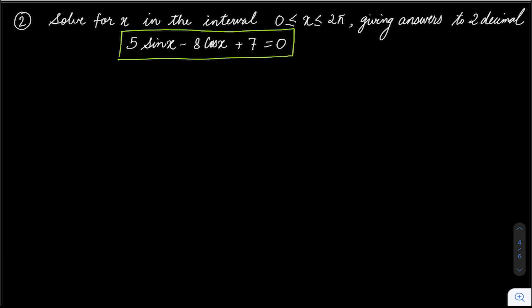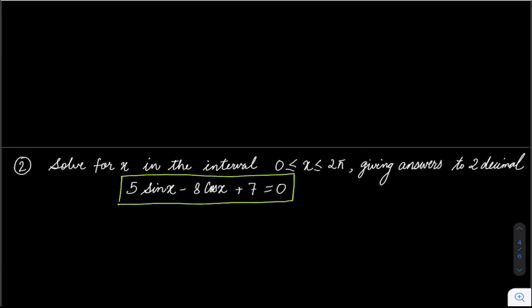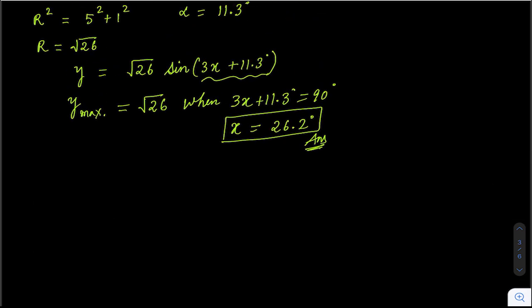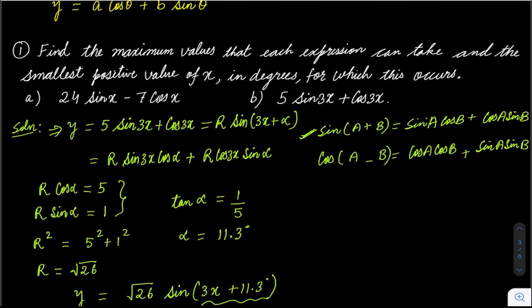First thing is we will write this in equivalent form. Again, you can see this is 5 sin x minus 8 cos x. The first term is sin x and there is a negative sign. When there is a minus sign, you can ignore the plus sign.